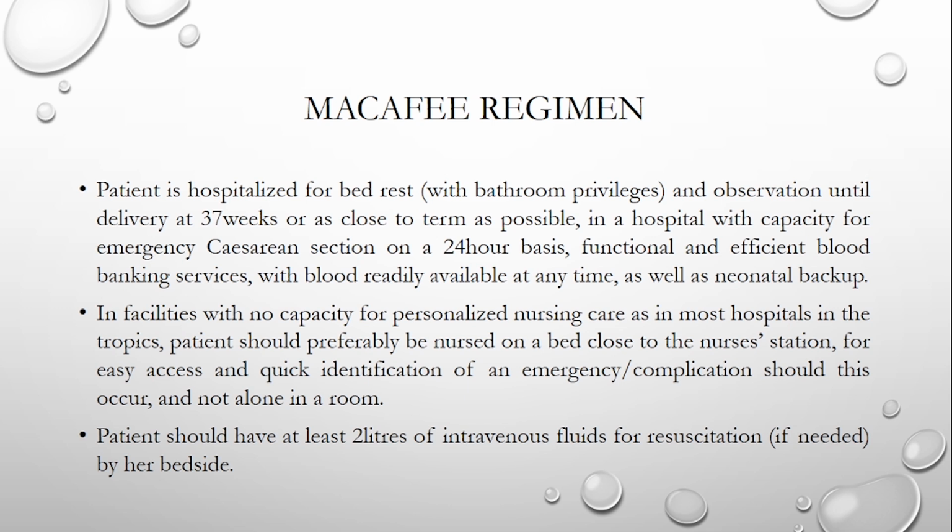What are the components of the Macafee or expectant regimen? Hospitalization. The patient is hospitalized for bed rest and observation until the baby is matured, in a hospital with capacity for emergency cesarean section on a 24-hour basis, functional and efficient blood banking services with blood readily available at any time, as well as neonatal backup.